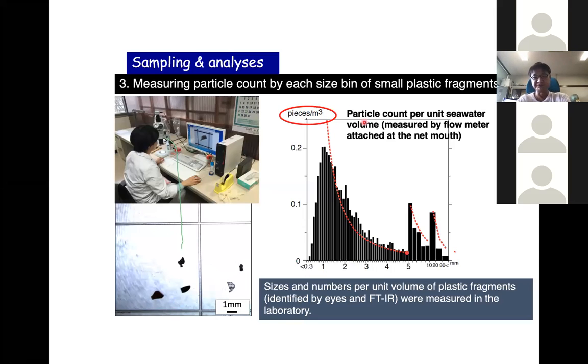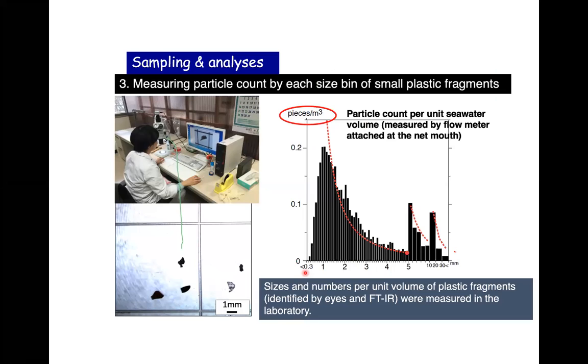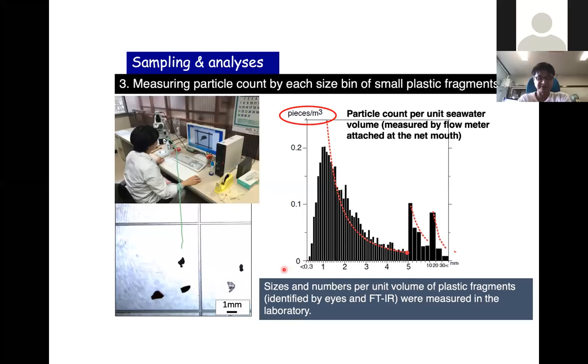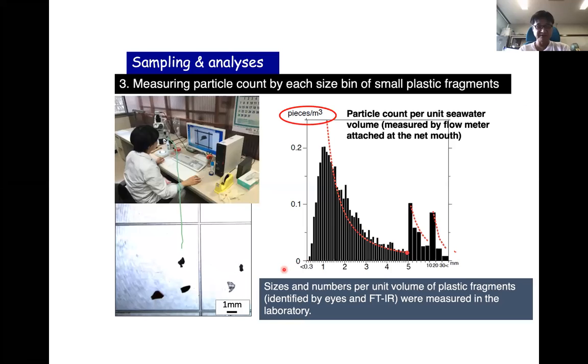So particle count per unit seawater volume is shown in the vertical axis. We can find that the number of microplastics increases as we move to the small size. This is a matter of course, because fragmentation makes the number increase and size decrease. So this kind of curve is very natural.